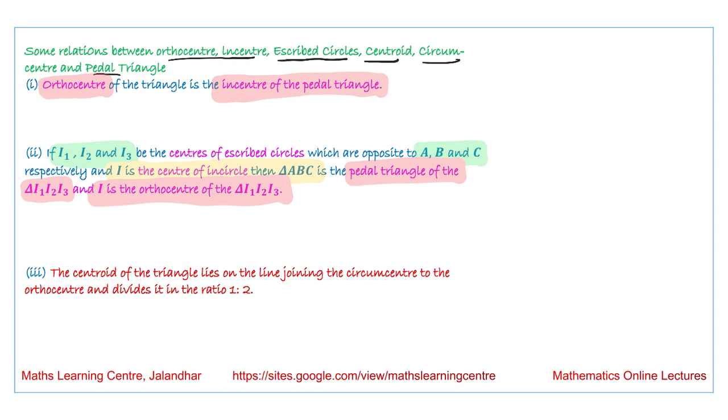The third result is that the centroid of the triangle lies on the line joining the circumcenter to the orthocenter, and it divides it in the ratio 1:2.